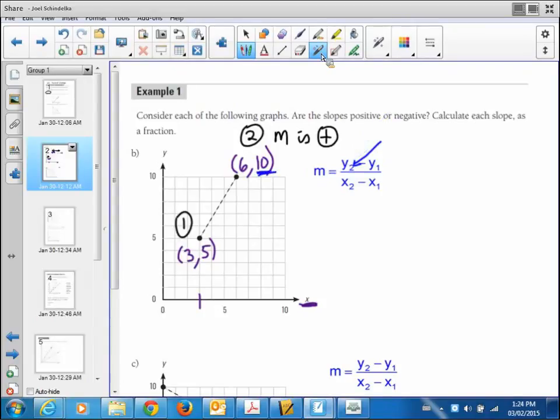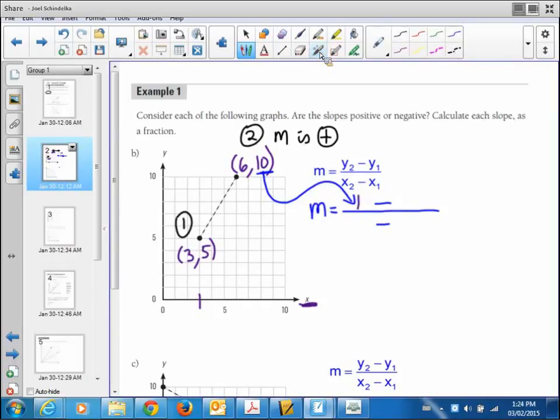It's 10. Okay, so I'm going to put this 10. So I'm going to go like this. M equals, and I'm going to take this 10 and put it in place for y2. Does anybody have a question about where I got this from? Why I'm putting that in place of y2? Then, while I'm at it, you notice right underneath it in the formula, I'll wait though.